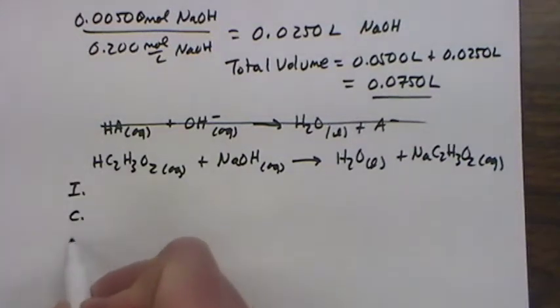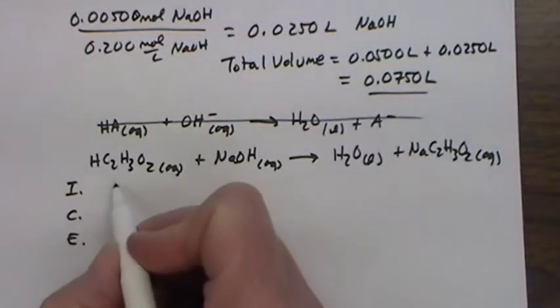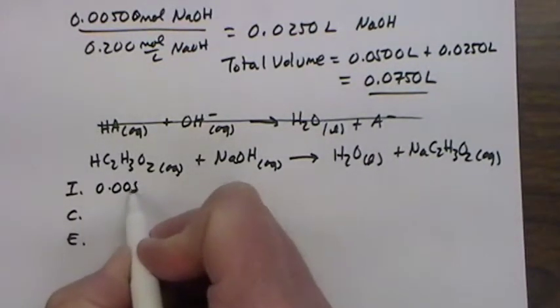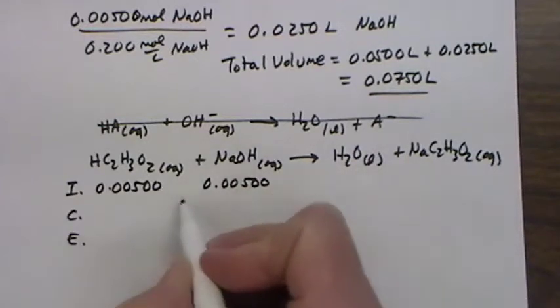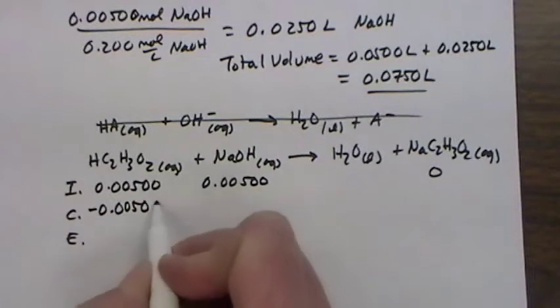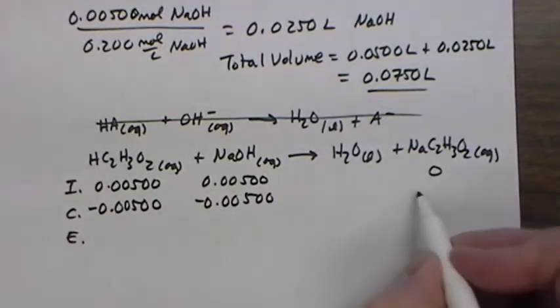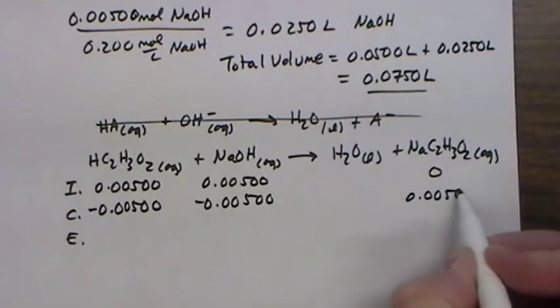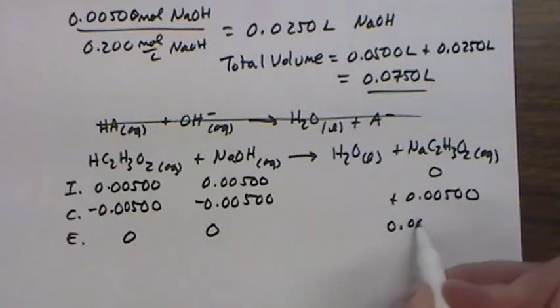So let's do this out. We're in moles, so this is 0.00500 moles. At the equivalence point, it's the exact same number of moles of each, so they both get used up, and we're left with nothing but the salt.